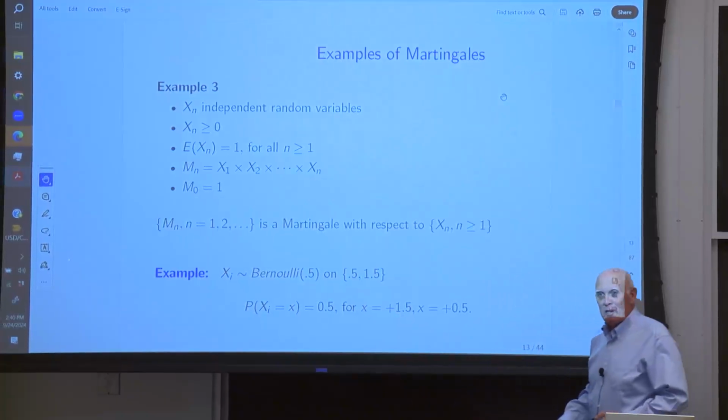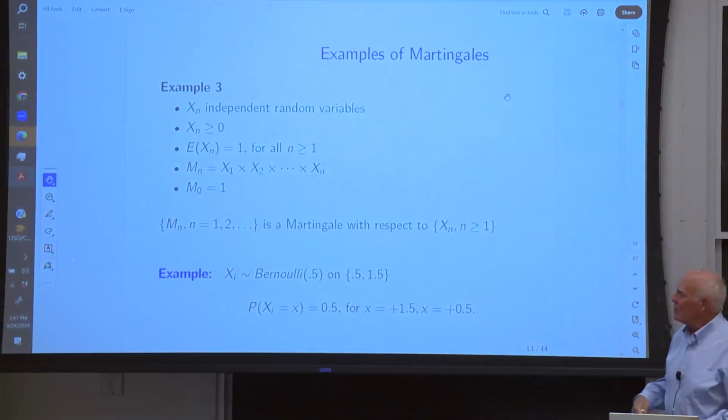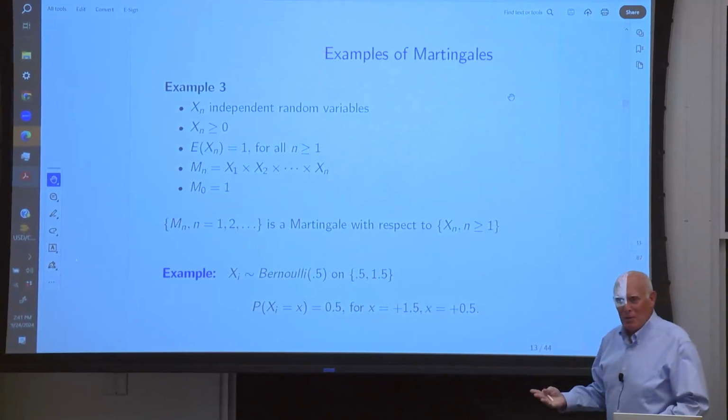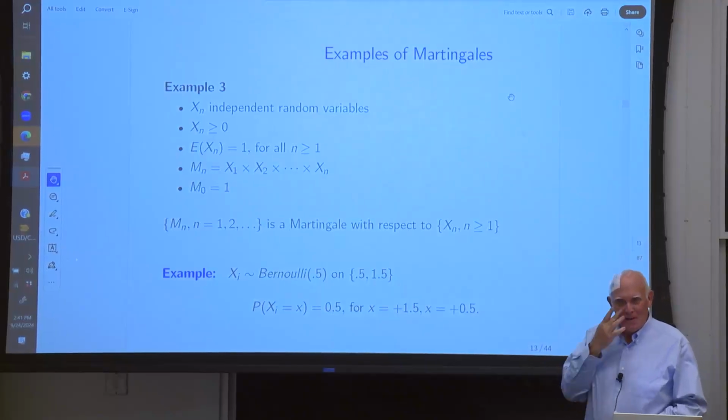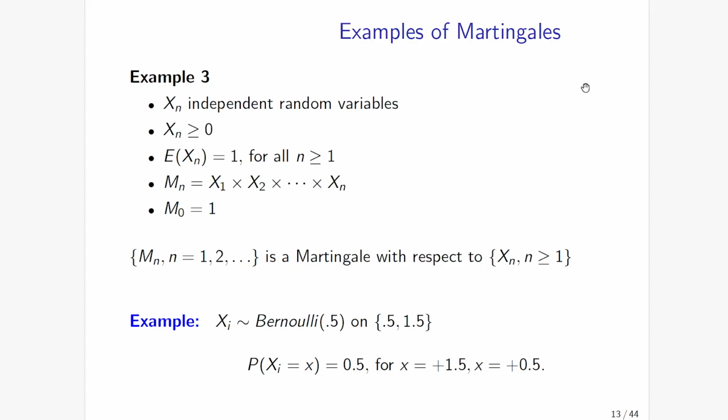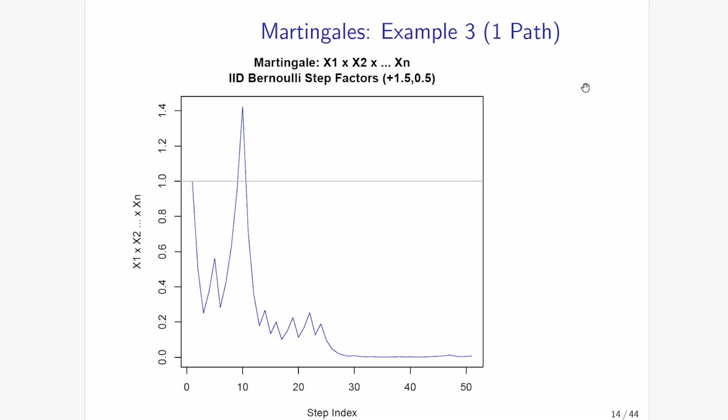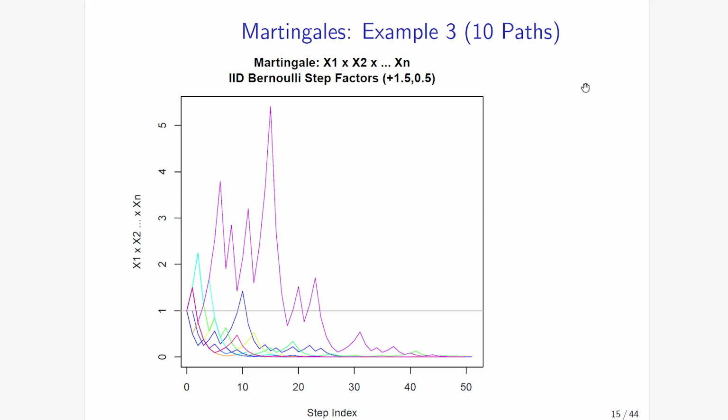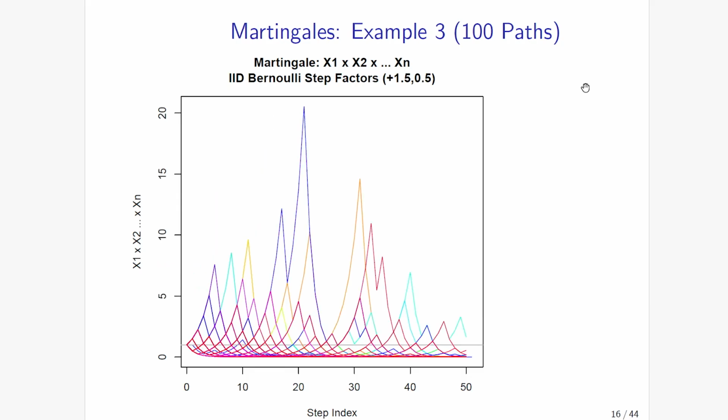This would correspond to the change in wealth from betting your wealth in a lottery where you either make 50% or lose 50% with equal probability. And here is the graph of a realization over 50 steps. Here are other realizations.